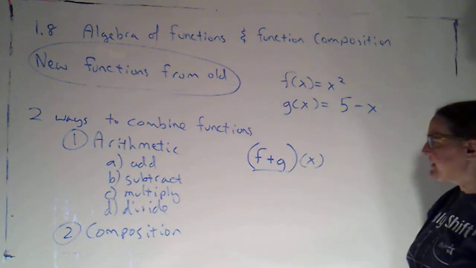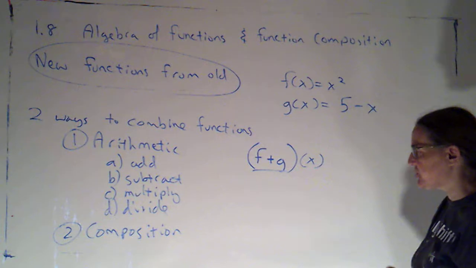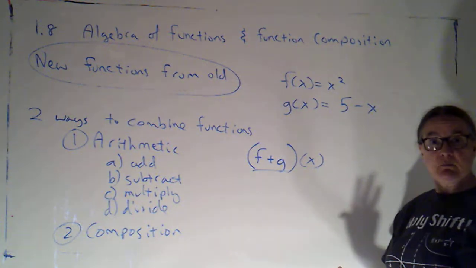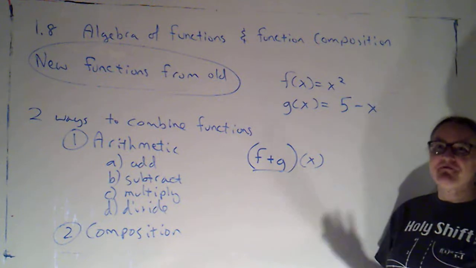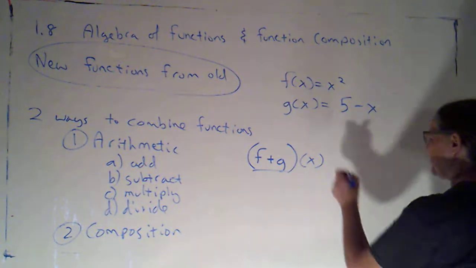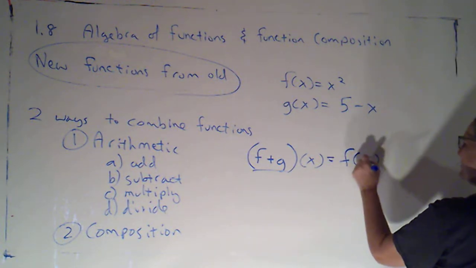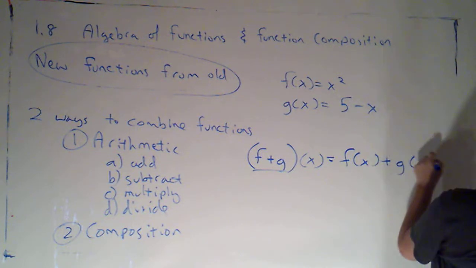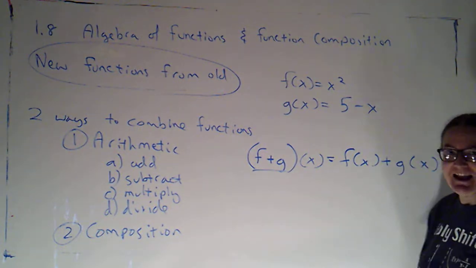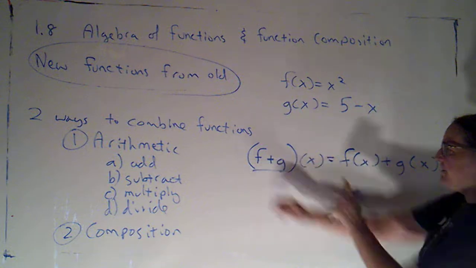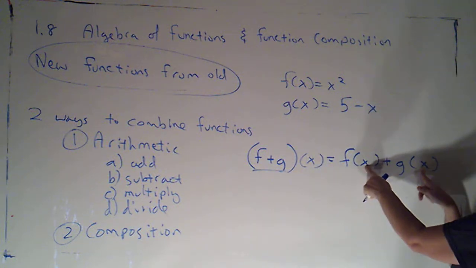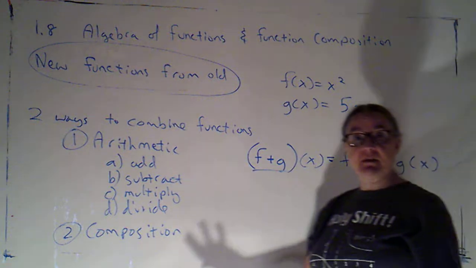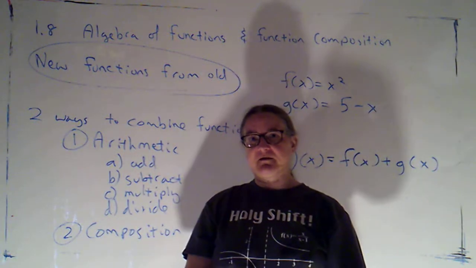It takes a little while to get used to this notation, but the way I'm going to evaluate it is actually very simple. I'm just going to take f of x and add it to g of x. So if I want to evaluate this function at one point, I'm just going to plug in that point to both functions, evaluate them both, and add the results.